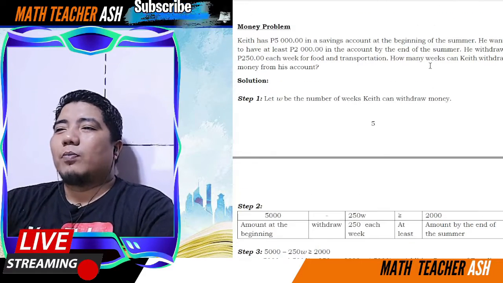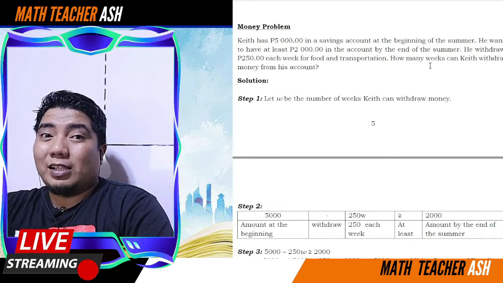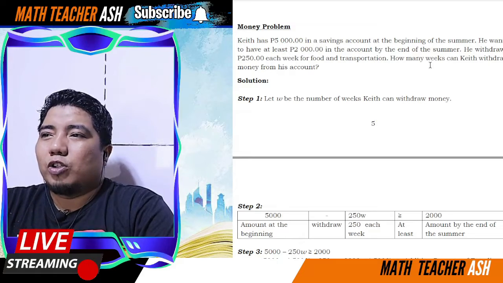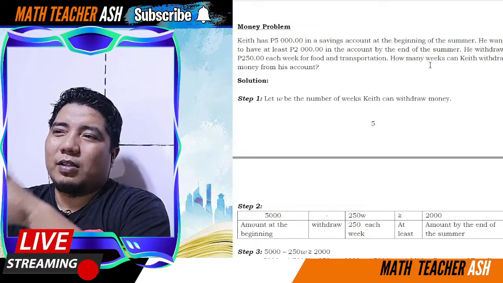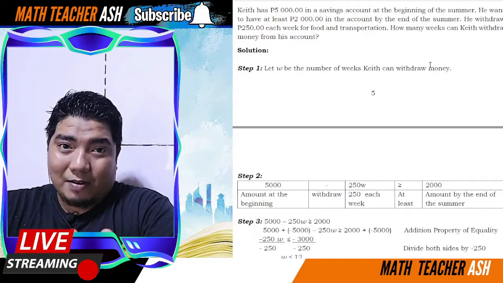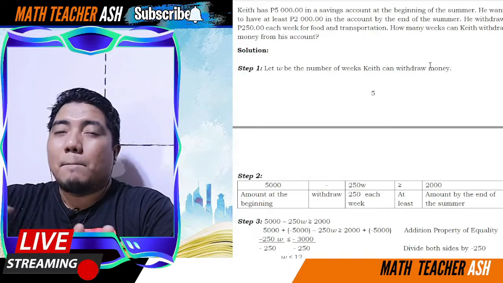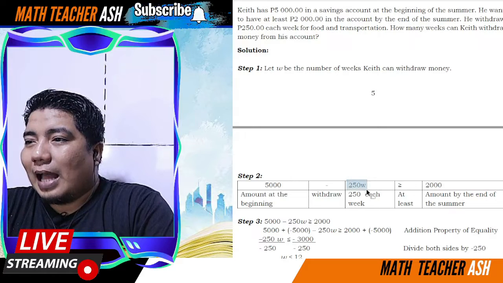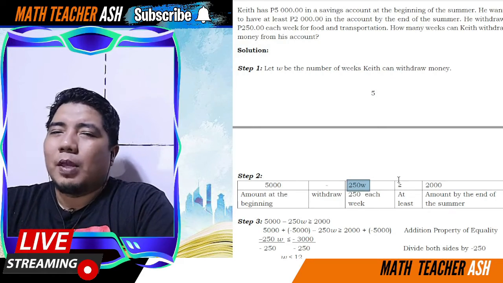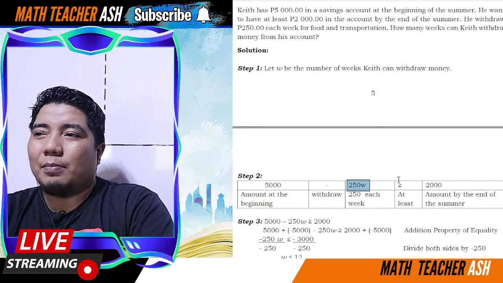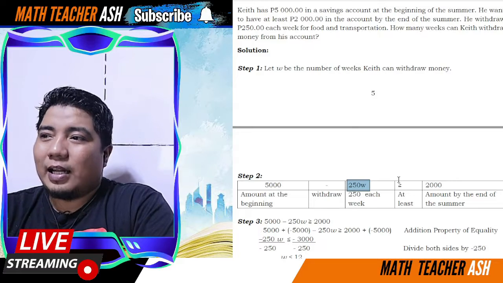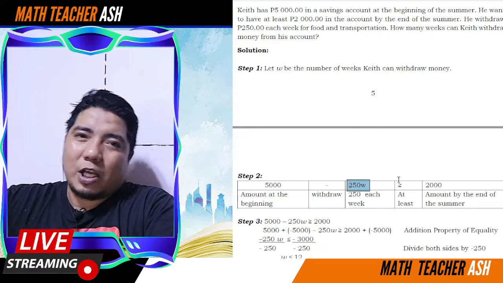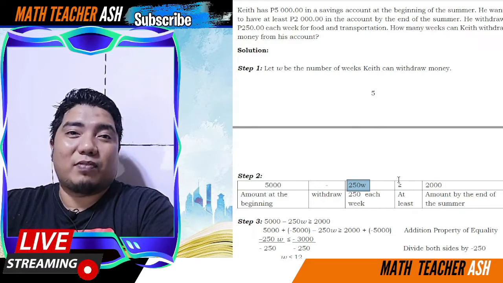Okay, so, of course, what is being asked here is the number of weeks. Alright? So, of course, the starting is 5,000. Minus 250 pesos times W. Why times W? Because 250 times the number of weeks.